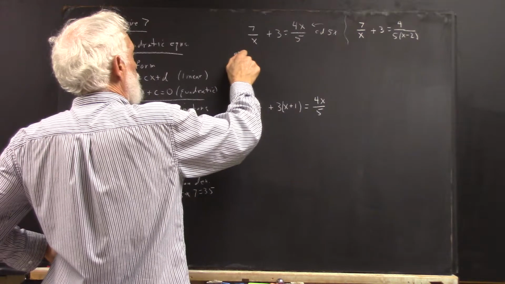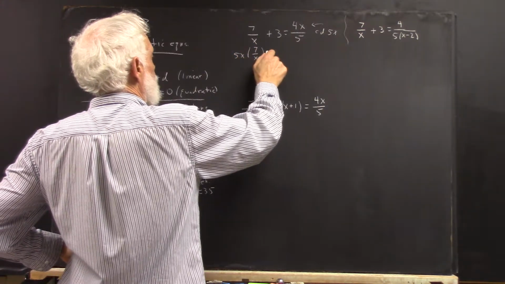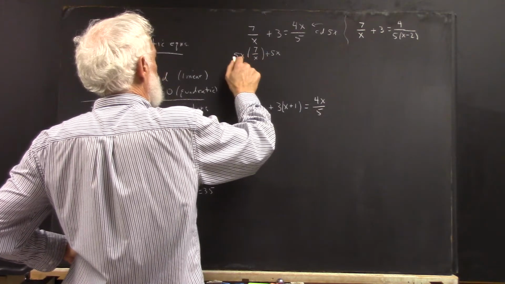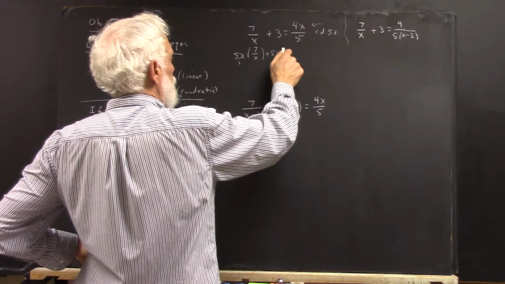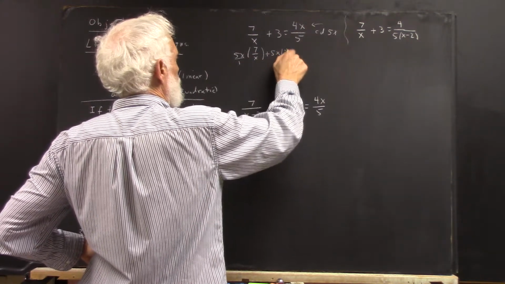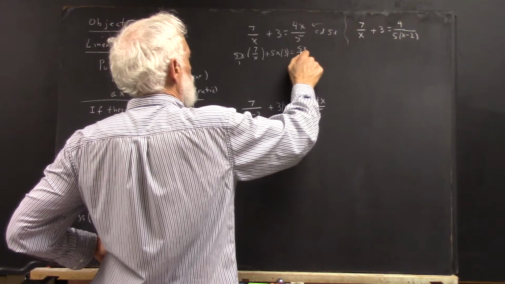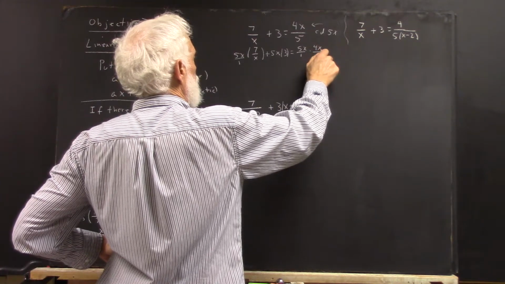So we're going to multiply 5x times 7 over x plus 5x, and we'll write it as 5x over 1 times 7 over x, and then 5x times 3, and then 5x over 1 times 4x over 5.